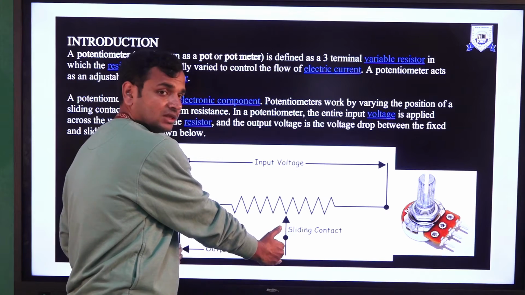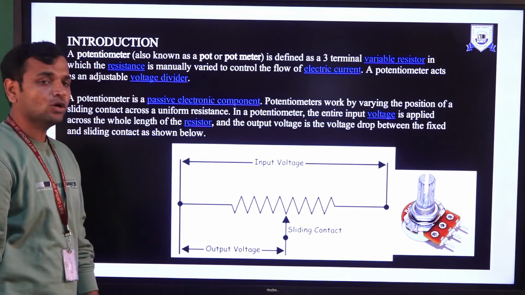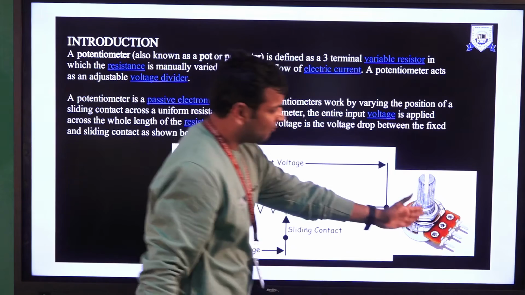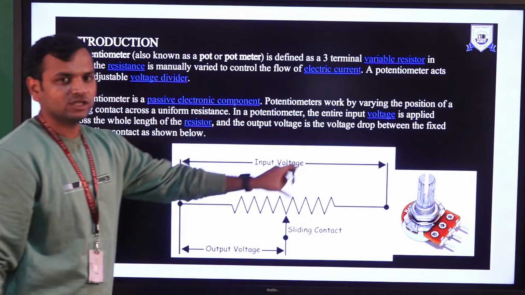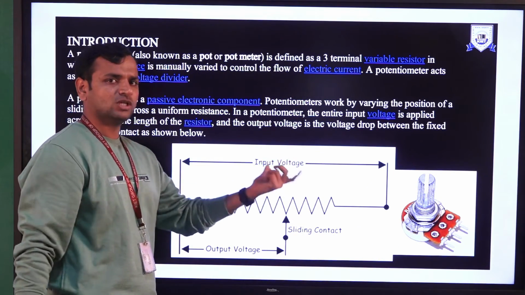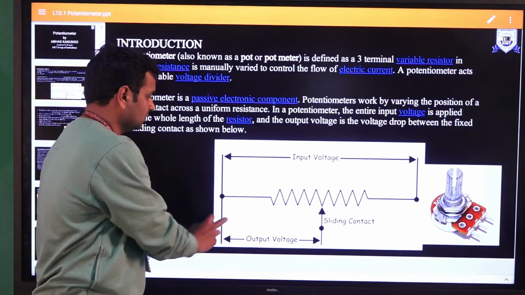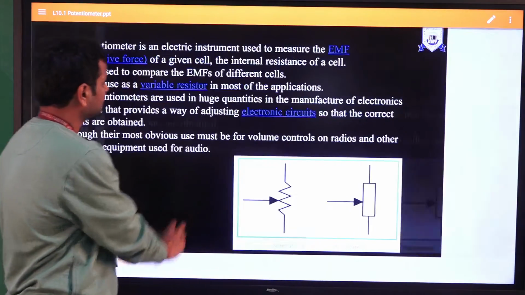The difference between these two is known as the output voltage. And this is a type of potentiometer that you can physically see when you are using it for any type of application. So it will look like that.